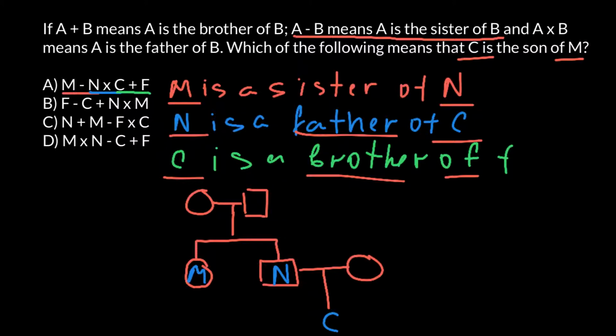He is a brother, so he is obviously male, of F. We don't know the sex of F, but this is the relationship. Now let's check if C is a son of M. We see that C is not the son of M, but C is a son of N. So the first answer is not a correct answer.